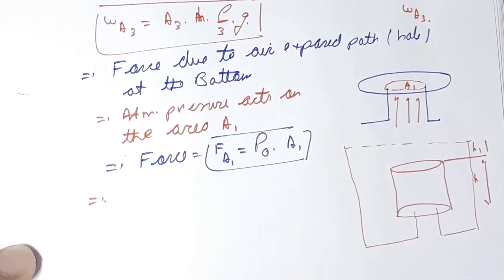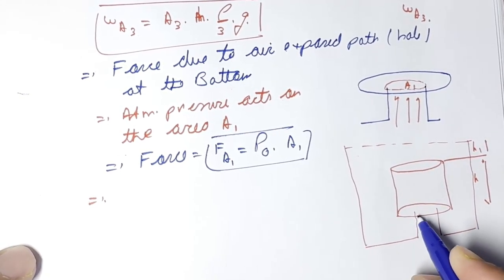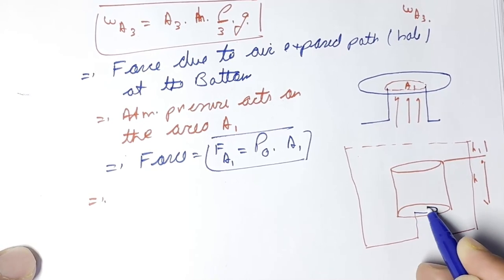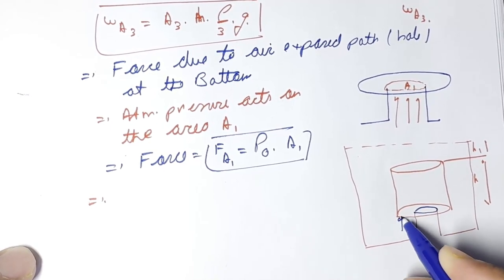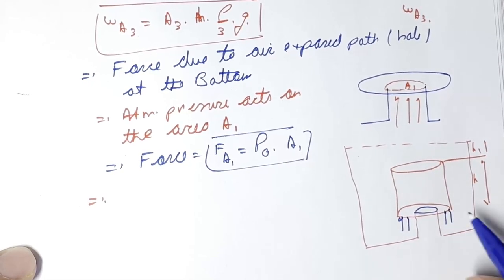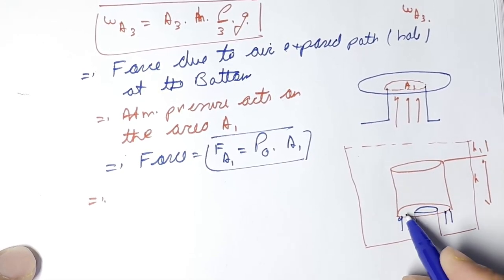The upthrust will be acting except this portion, and it will be acting here, and we call this area A2.